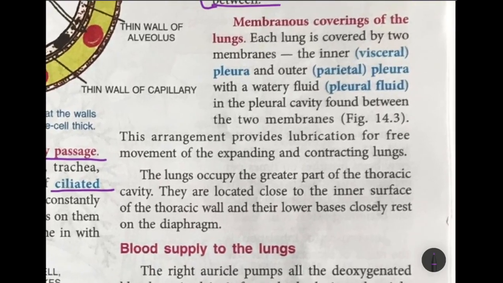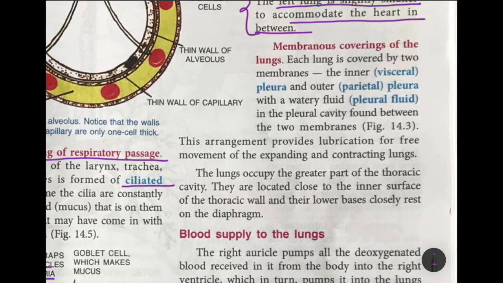Now, the lungs also have a covering which is made up of membrane. The inner is known as visceral pleura and the outer is known as parietal pleura. Children, these biological names are important. In between there is a pleural cavity which contains a watery fluid known as the pleural fluid.